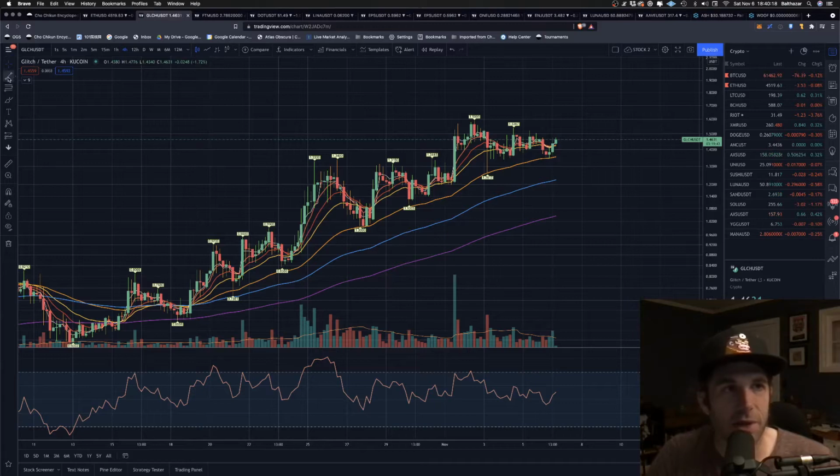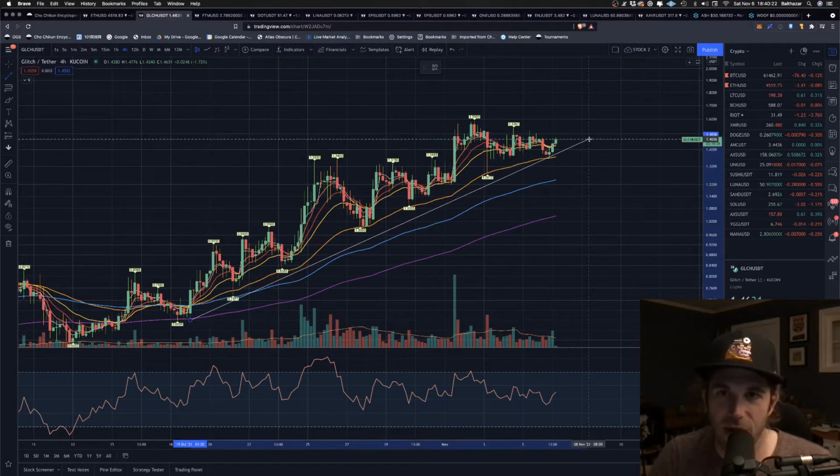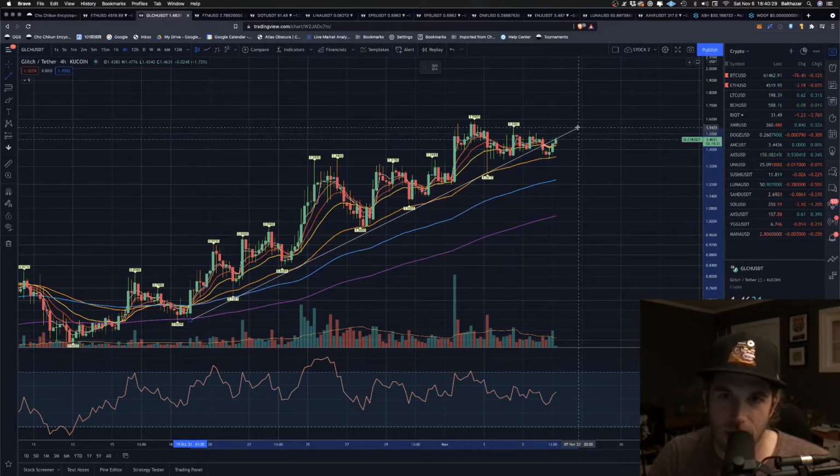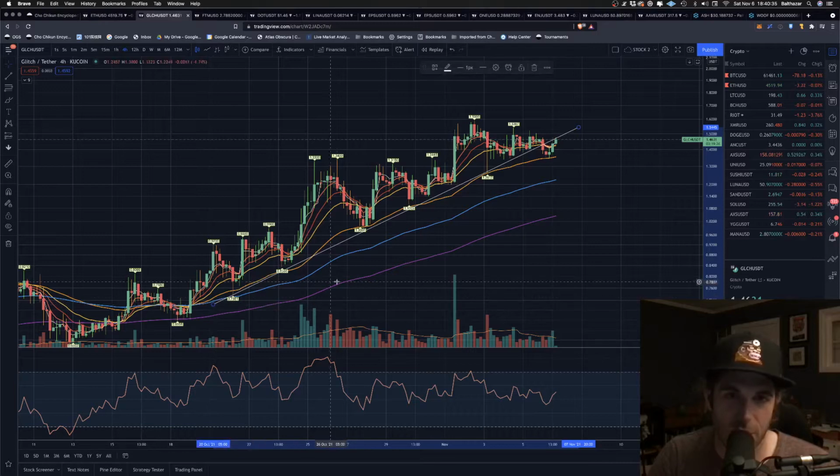Okay, so let's start with GLCH here. There's definitely a trend line in there somewhere. It looks like it has very uniform touches in terms of the trend line. So one line I could draw is here.